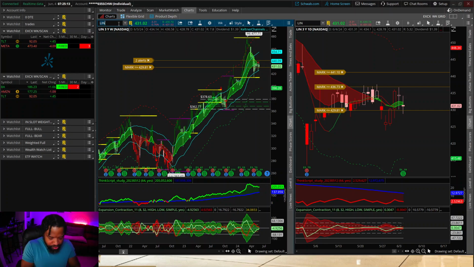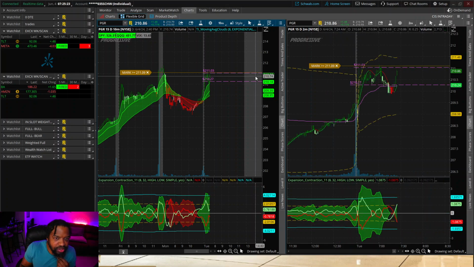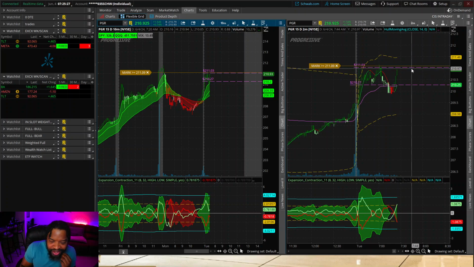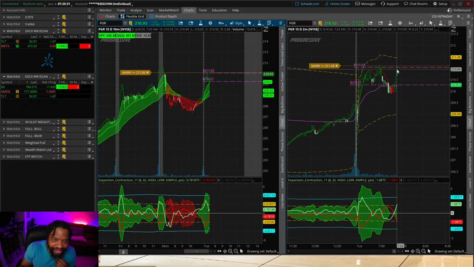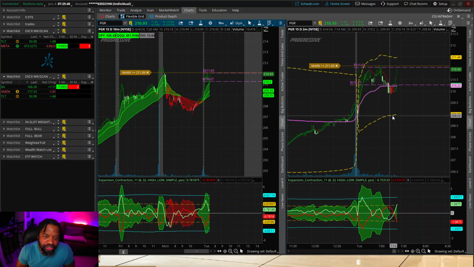PGR. Boom. Just to recap what we went over. Progressive's getting to that point where we could potentially take a buy. We'd want to see a break of the range and retest, but it actually broke to the downside, and now it's testing that again. So a lot of volatility. Structure's not really holding up all too well, and there's no real play here.